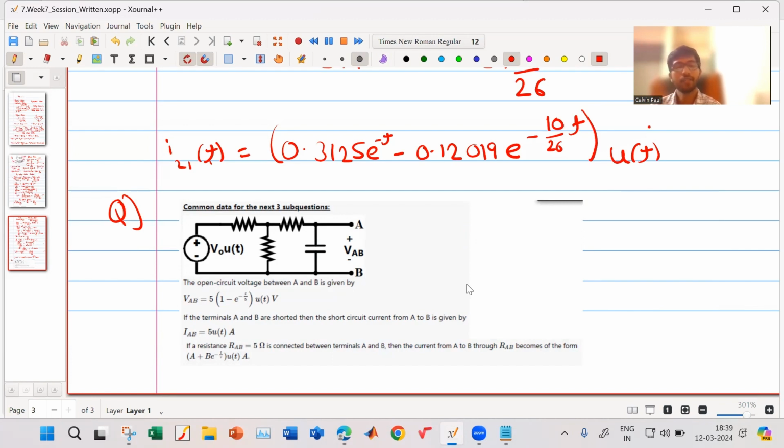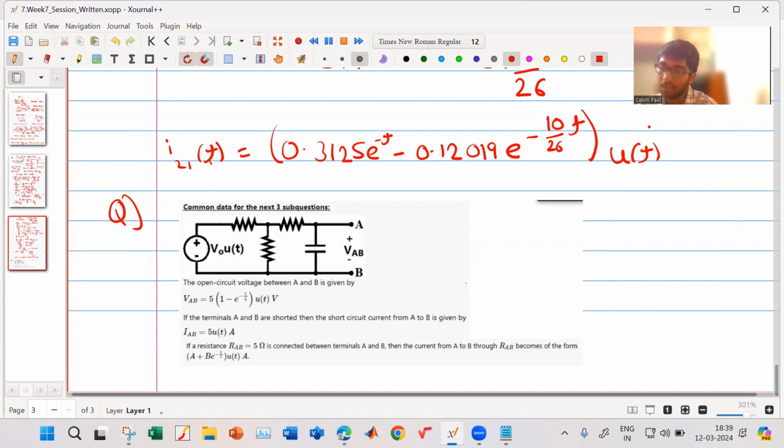Or what is the network given to us? You see there is Norton's theorem. If we apply Norton's theorem, we can solve it. By short circuiting the AB terminal, we get the short circuit current, and across the AB terminal, we get the Thevenin's equivalent resistance, 5 ohm, given RAB equal to 5 ohm.